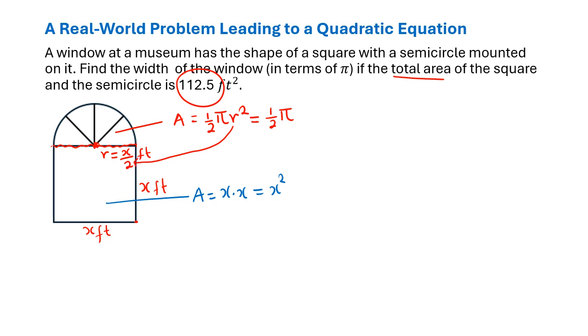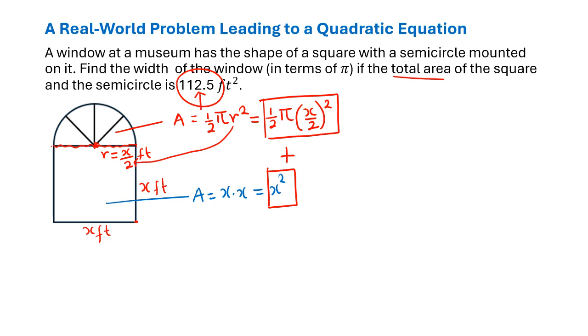So I'm going to do that with parentheses, x over 2, and square that. Now I can use this algebraic expression along with the other one, and by adding them together, I should get the area of the total shape equal to 112.5.